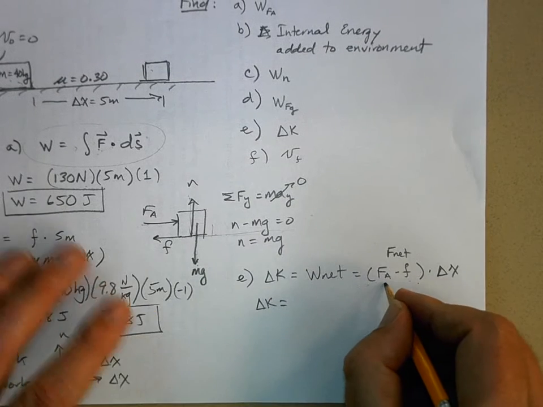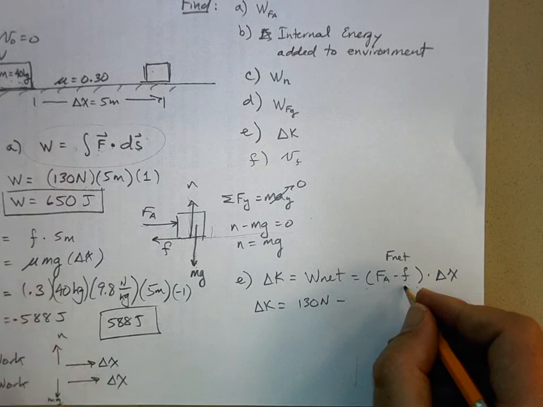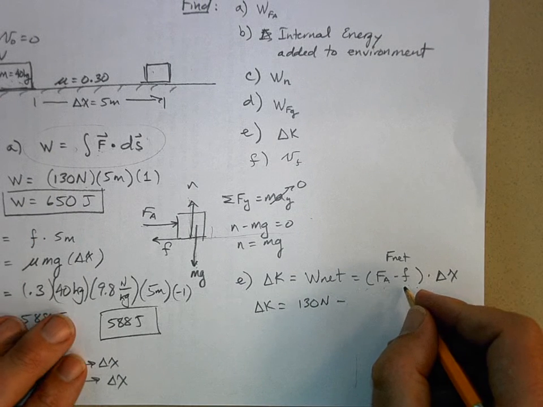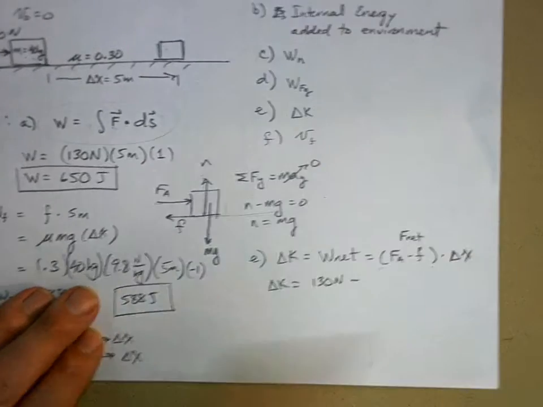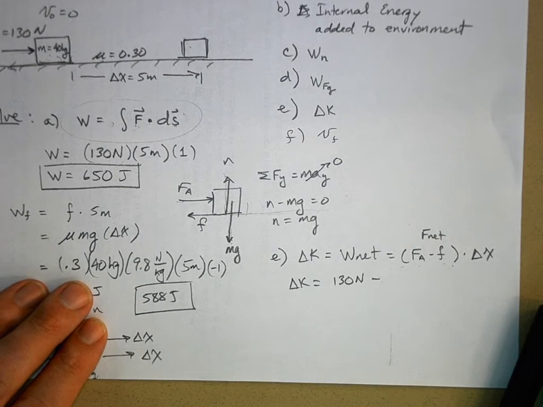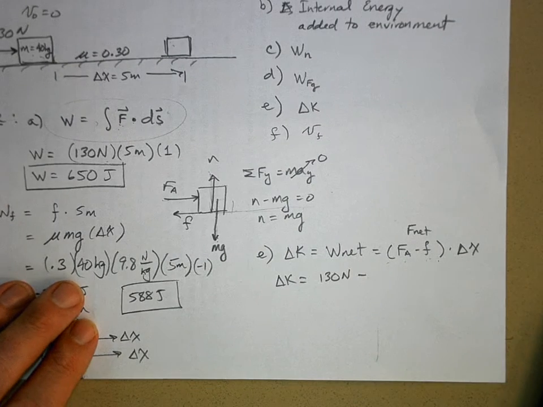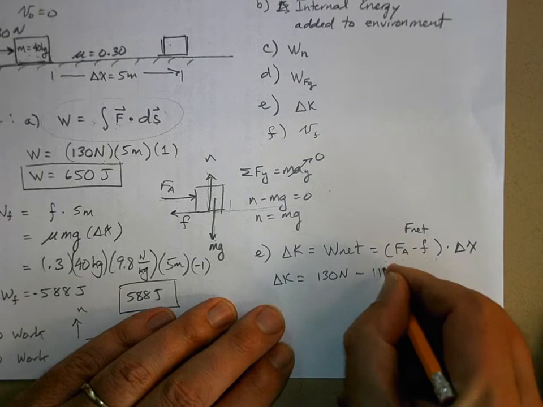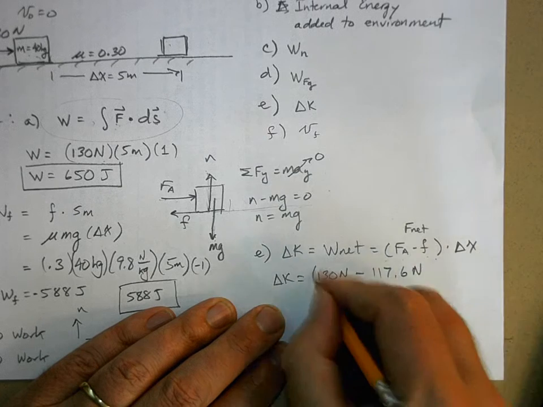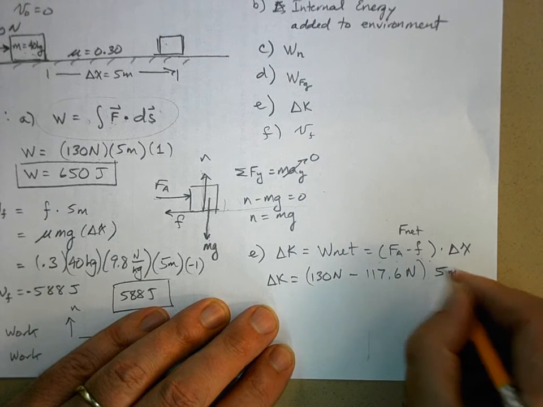And the applied force is 130 newtons minus my force of friction. Did I even calculate that? Well, I put it in the calculations. Mu times the normal force, so that's 0.3 times 40 kilograms times 9.8 newtons per kilogram. So that's 117.6 times delta x, which is 5 meters.